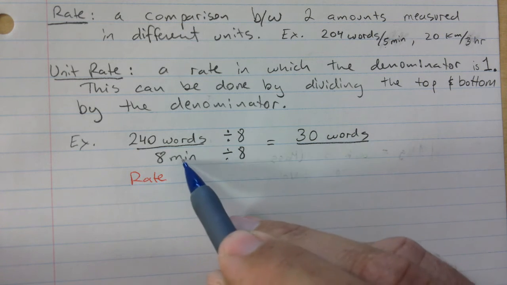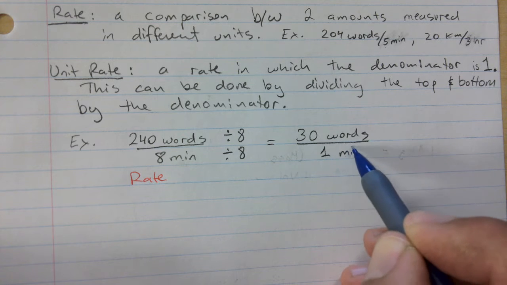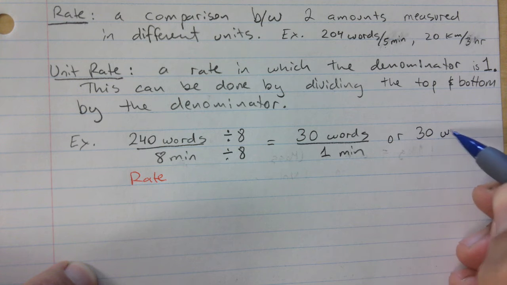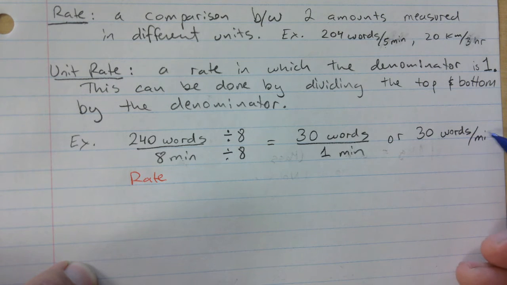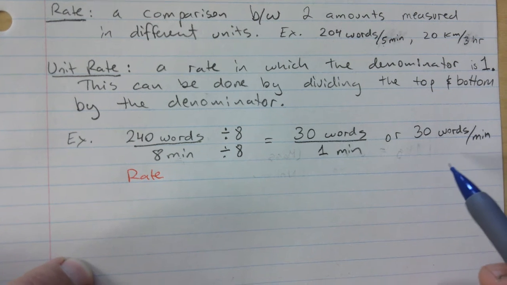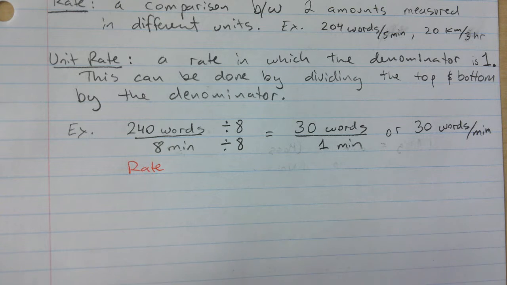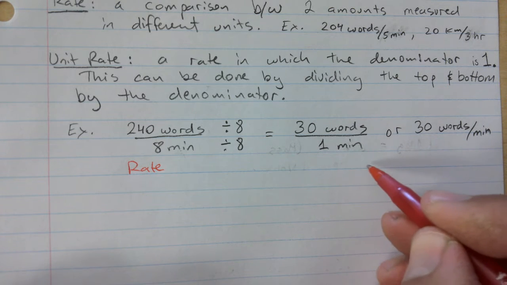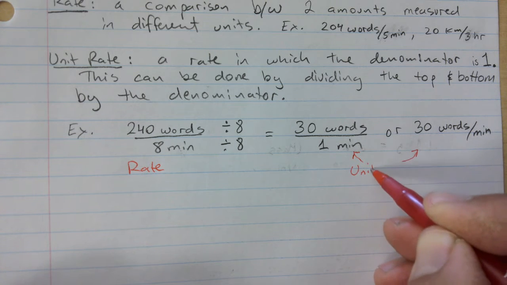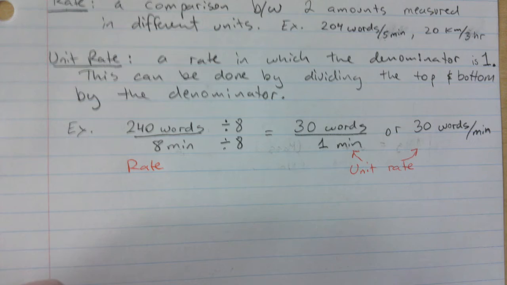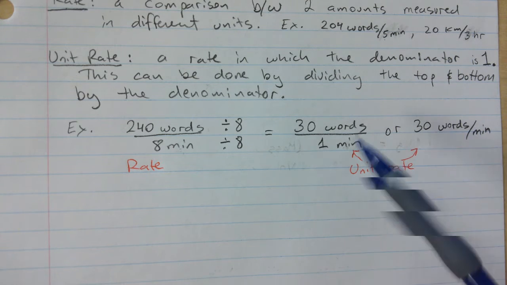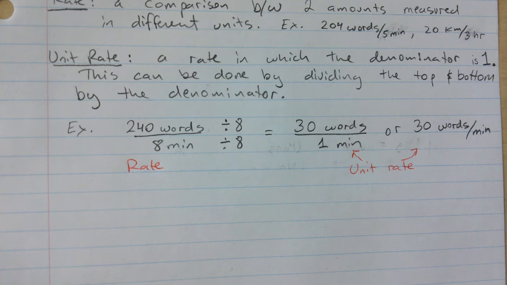And obviously the denominator will just be 1. We tend to write, instead of writing it like this, we tend to write it like that. This is a unit rate. Either one is fine. I'm not going to mark it wrong if you write it like this or like that. I just need you to know.